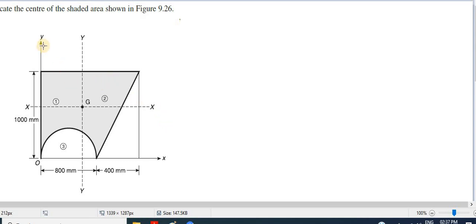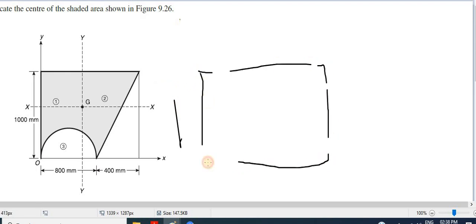First you imagine this is one full rectangle. In that full rectangle, one semicircle we need to cut off and one triangle we need to cut off.